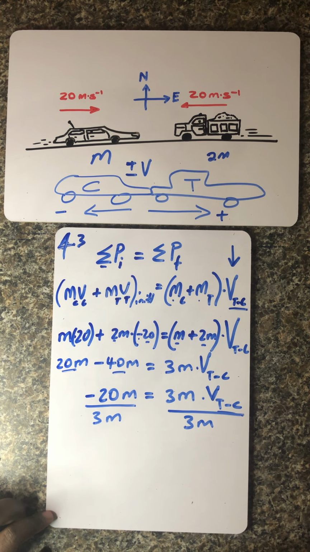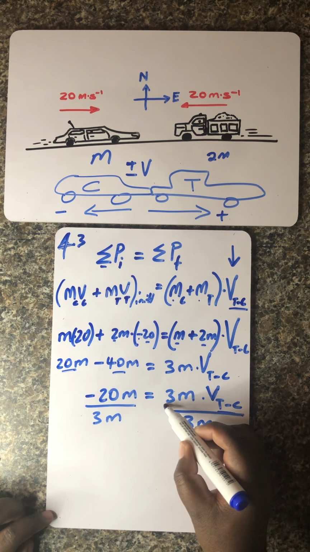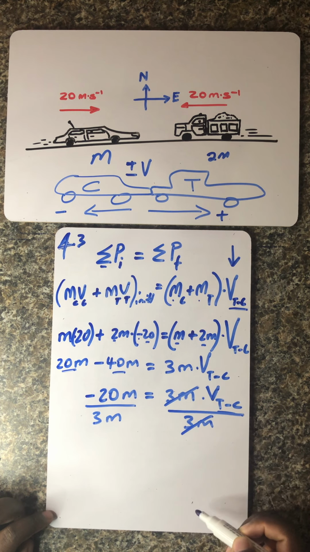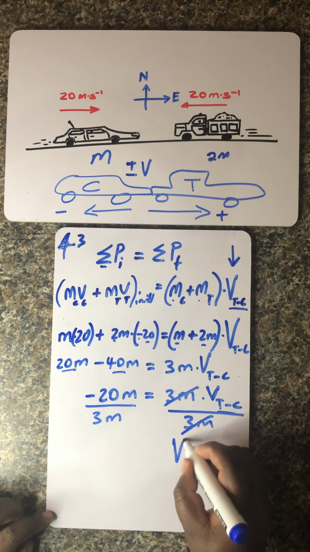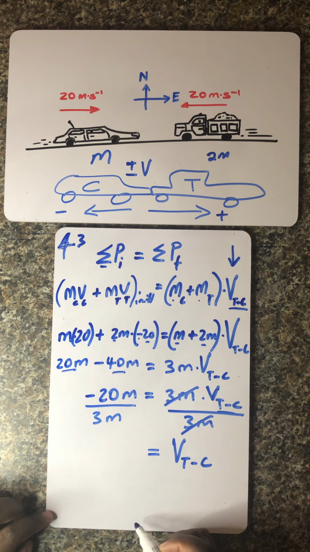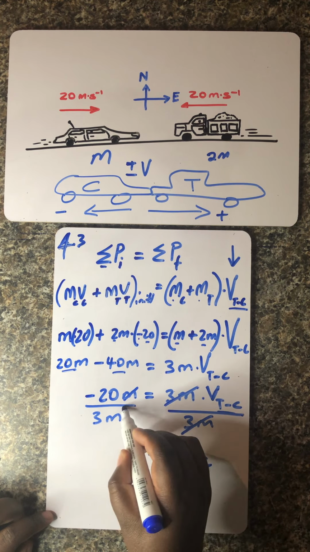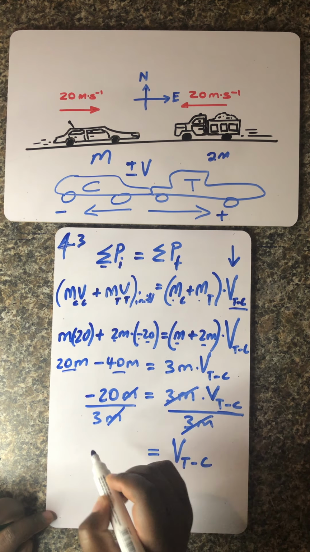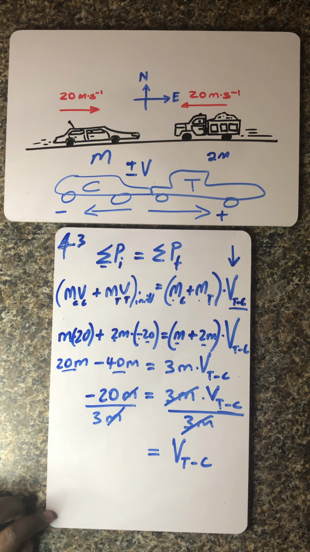Ladies and gentlemen, why do you divide by 3m? It's because you want it to cancel so that you remain with the velocity of the truck-car system, which is equal to, m cancels m, then you remain with negative 20 divided by 3.